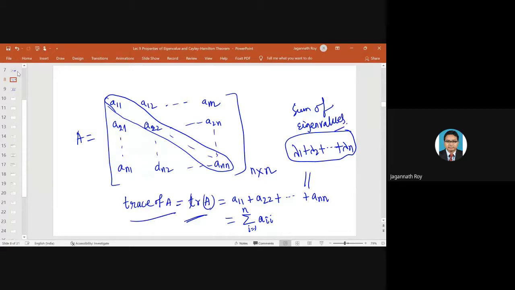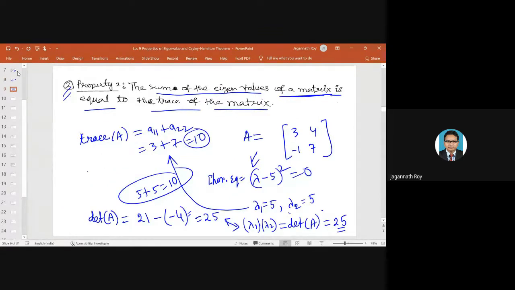So trace, that is the sum of the diagonal elements, is equal to the sum of the eigenvalues for a given square matrix.